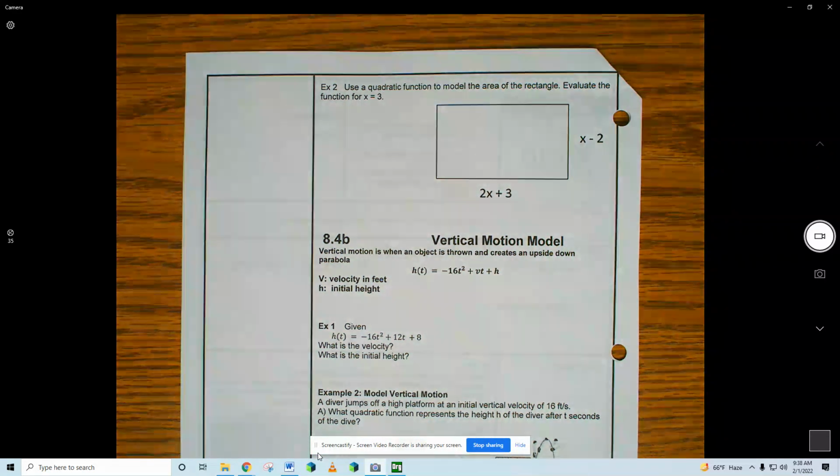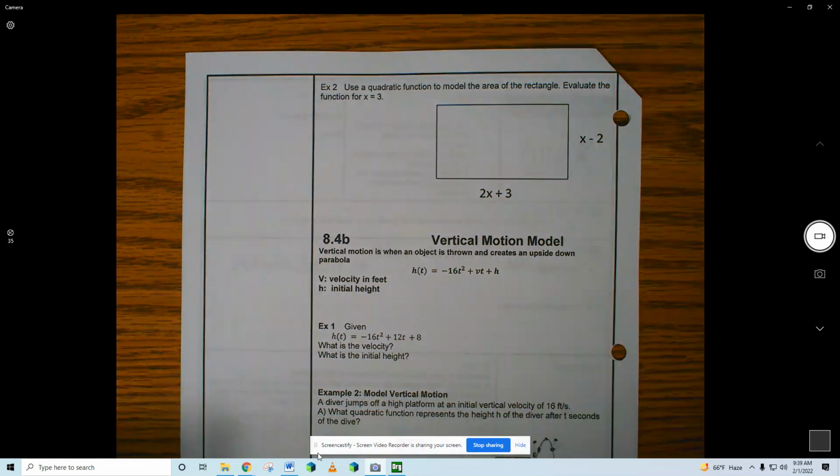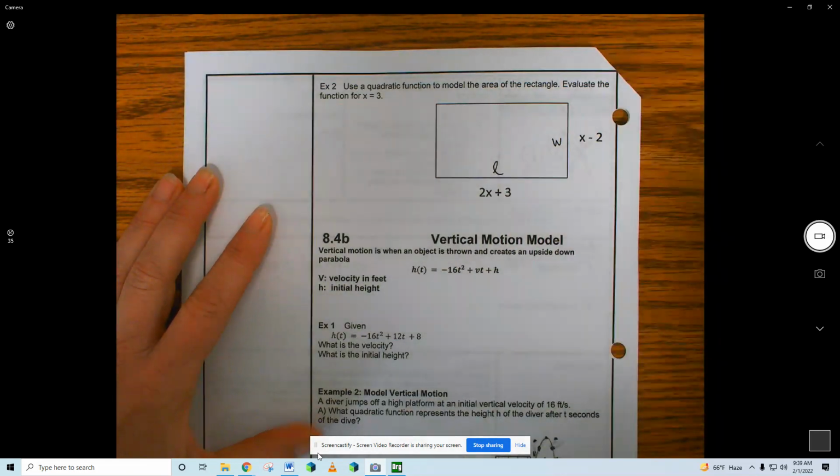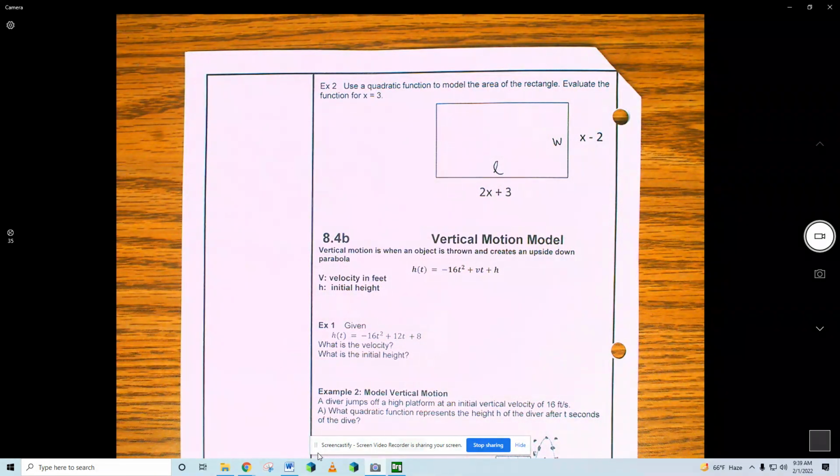Use a quadratic function to model the area of the rectangle. This is just an easy basic rectangle. So length times width. My length of my rectangle, that's the longer side. My width is shorter.